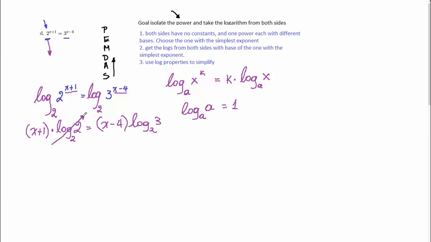This is equal to 1. So I can cancel this out and replace it with 1, and this means that on the left side I have x plus 1, and this is equal to x minus 4 in parentheses. But unfortunately right here the base is 2 and the argument is 3, so this property doesn't apply here, so I need to leave it as is.